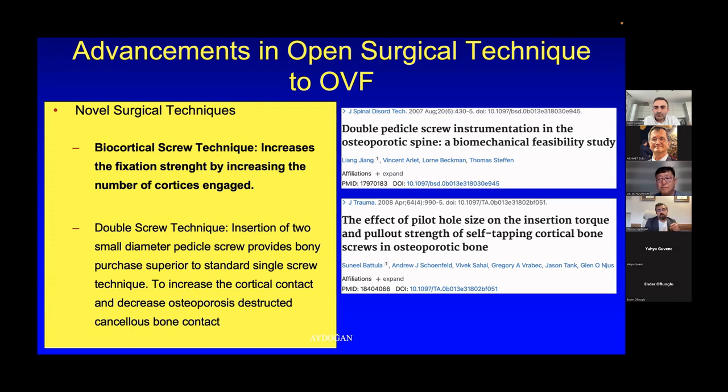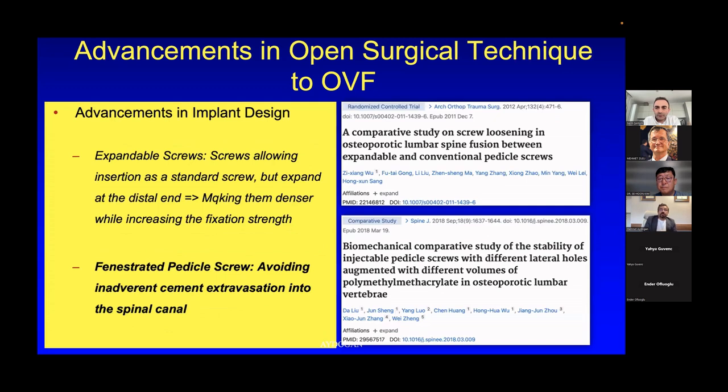They put 2 small diameter pedicle screws into the pedicle, but I don't have any experience with it. There are several expandable screws in the market, with which I don't have experience, but I revised many cases where someone used expandable screws.